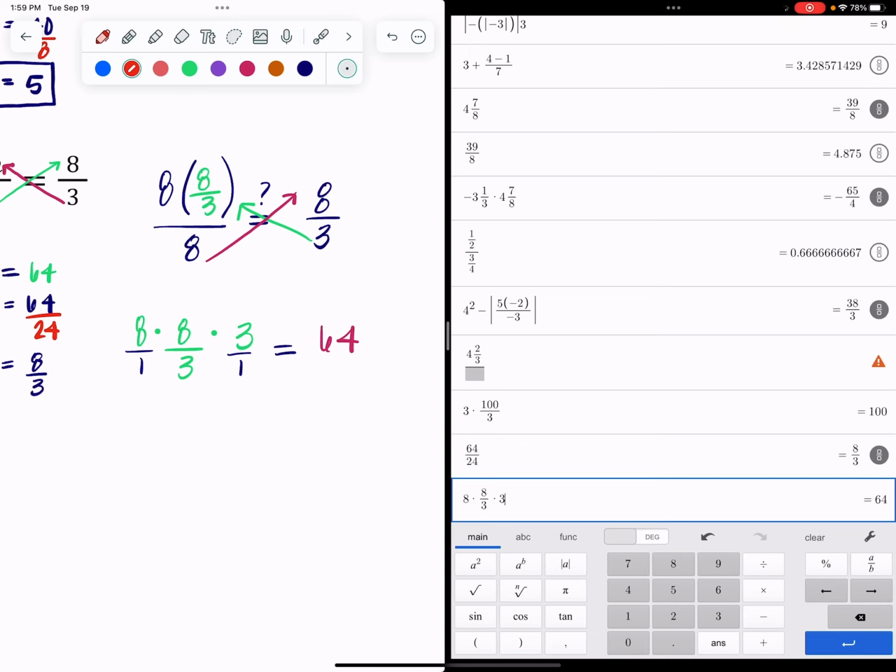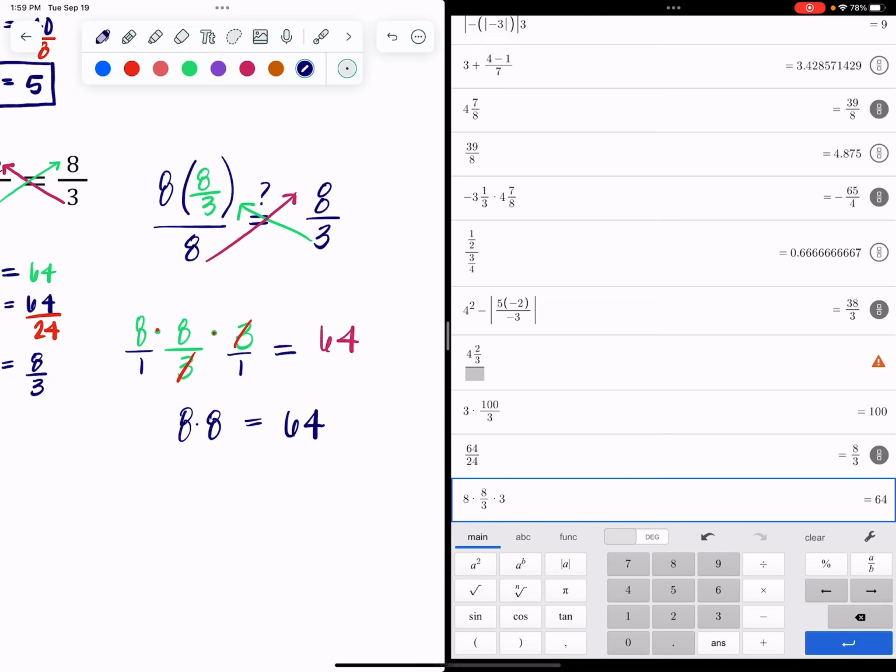Or I can work smarter instead of harder. I know because this is all multiplication, I have a 3 in the numerator and a 3 in the denominator. Those are going to divide out. 3 over 3 is a 1. So we really have a 1 in disguise. What I have left is 8 times 8.